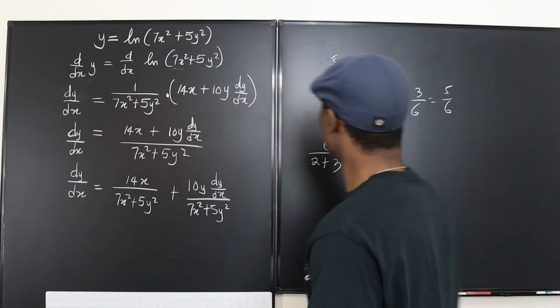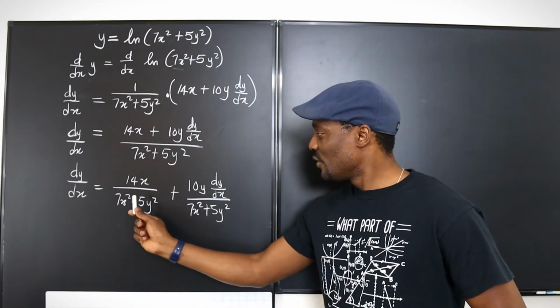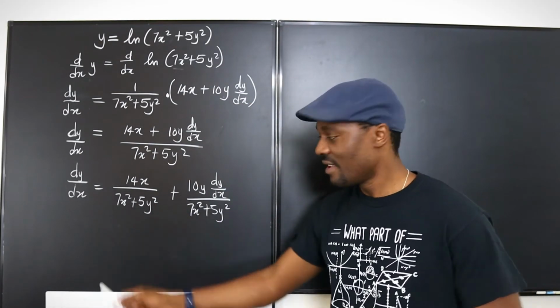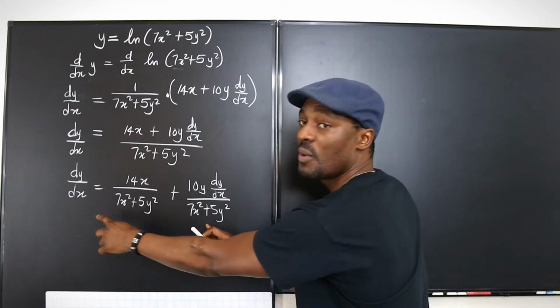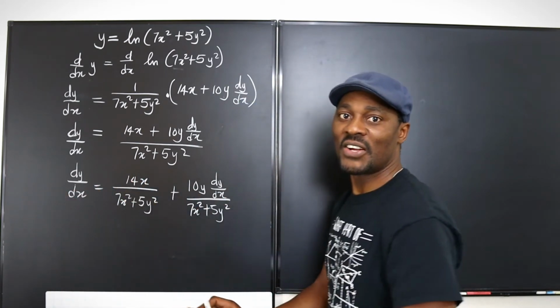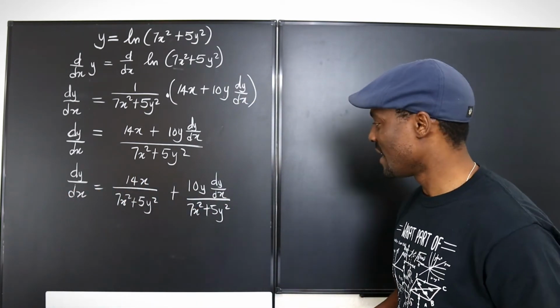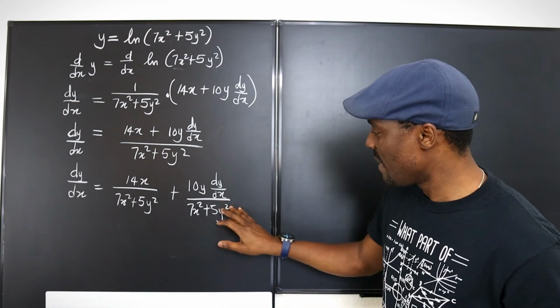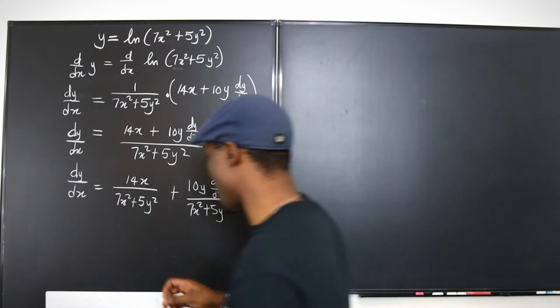So let's move on. So now we have three terms, okay? Two of the terms contain dy dx, so we can just collect them and we should be fine. In order to make this look more beautiful, we can rewrite it this way.